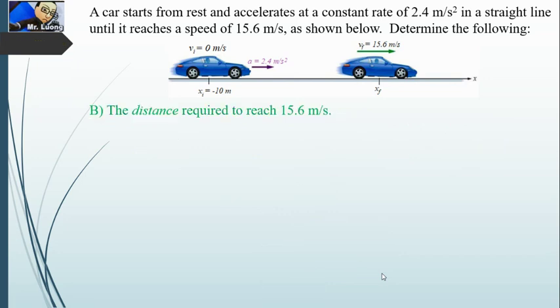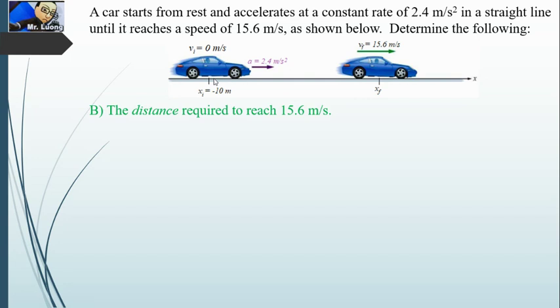All right, let's do B. B wants us to find the distance required to reach 15.6 meters per second. So in this diagram, you notice here that it gives us the initial position. It gives us the final position as an unknown. But this particular question asks you to find distance. So really, because the object is moving in one direction, in this case moving to the right, the distance would simply be the magnitude of the displacement.